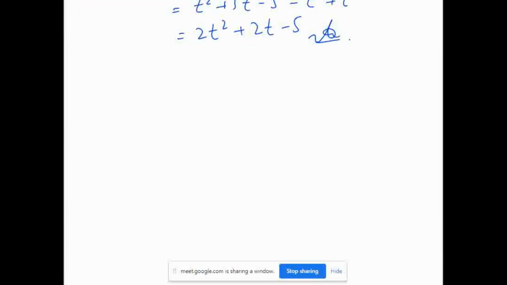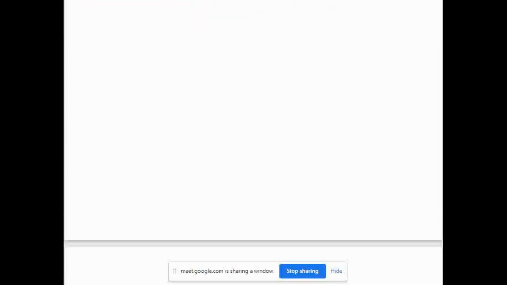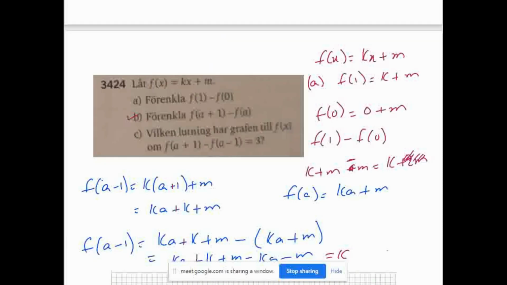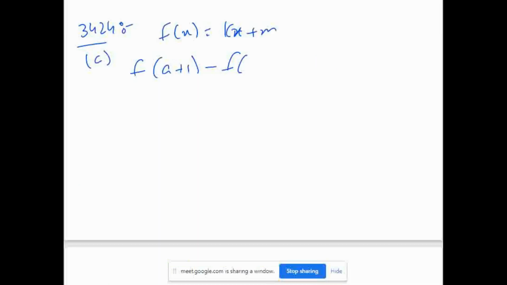This is question number 3424, and it's part C. f of x is equal to kx plus m, and you have to find f of a plus 1 minus f of a minus 1 is equal to 3. Now we have to prove that this will be equal to 3.